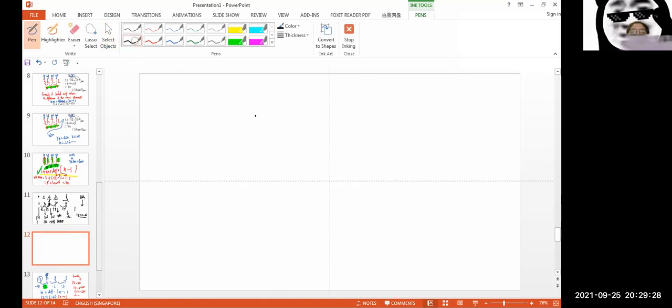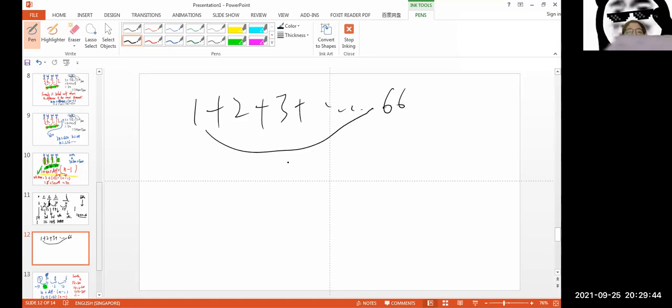You don't want to do 1 plus 2 one by one. You just pair them: 1 plus 66 is 67, then 2 plus 65 is also 67. So you just want to see how many 67s you have, and of course there might be a middle number.